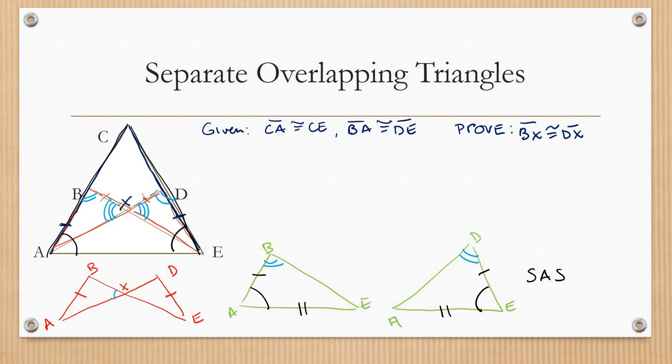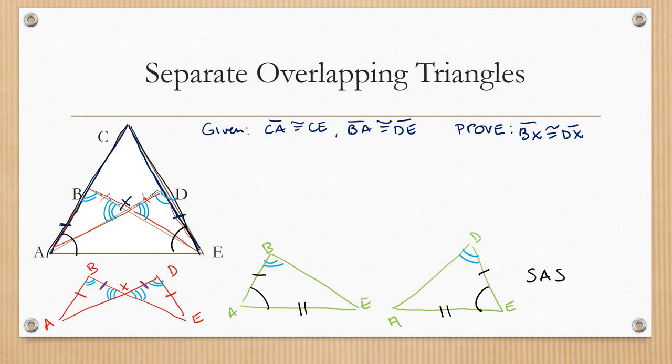And now in my two little triangles, let me transfer my information. I've got angle, angle, side. So now these two triangles are congruent by angle, angle, side. And my final step of proving that BX is congruent to DX is that parts of congruent triangles are also congruent.